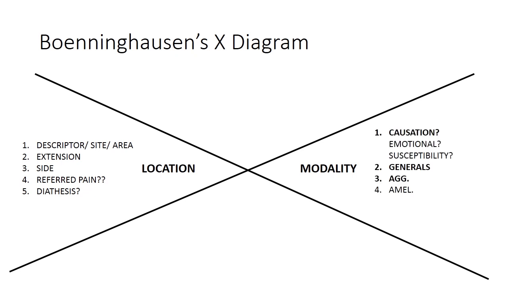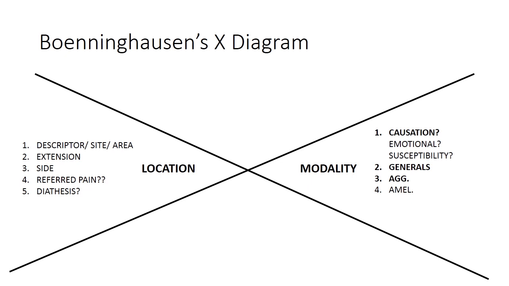Modalities are next to consider, and they are the most important when it comes to individualizing a case. Modalities can often point towards the causation, which a person may not know. Modalities can be emotional in nature. For instance, a death in the family, a divorce, or some other kind of emotional disturbance could have triggered or been the causation of the disease.